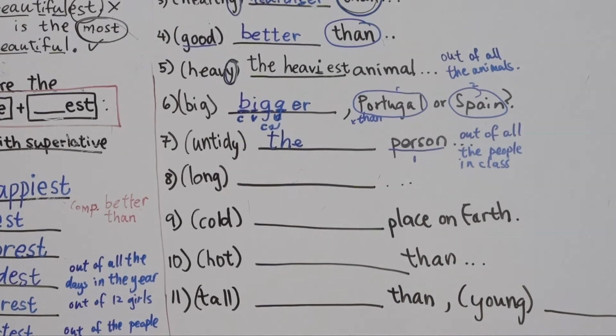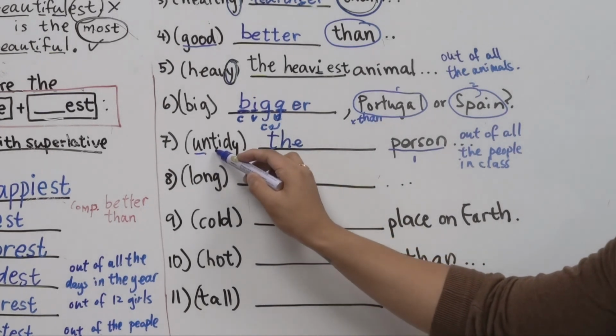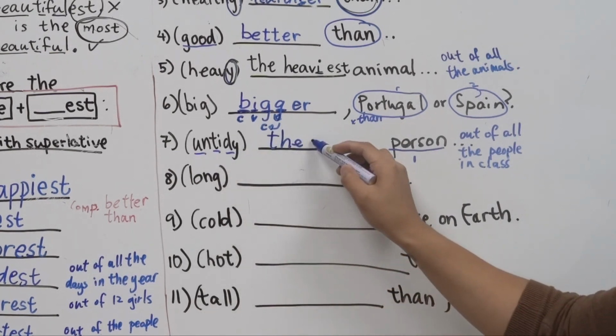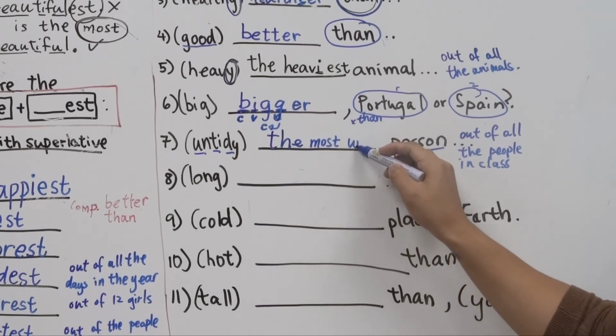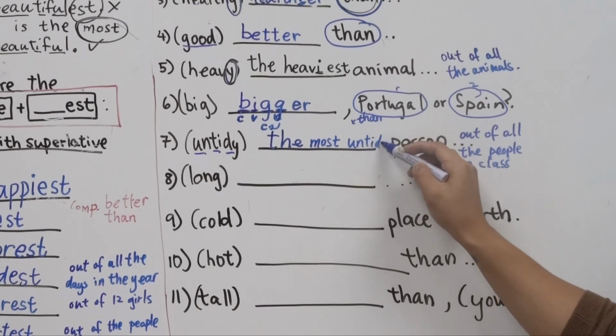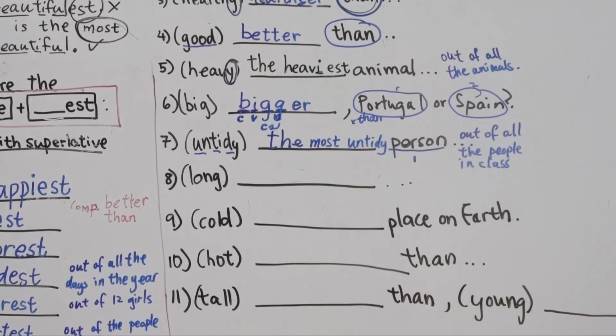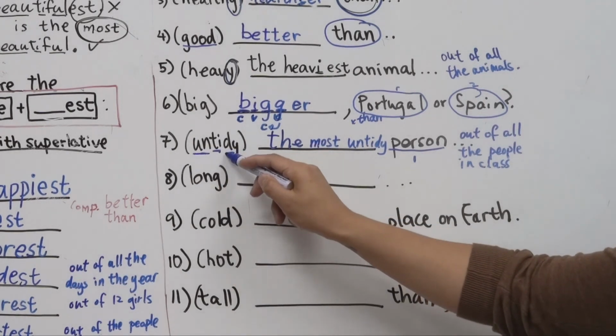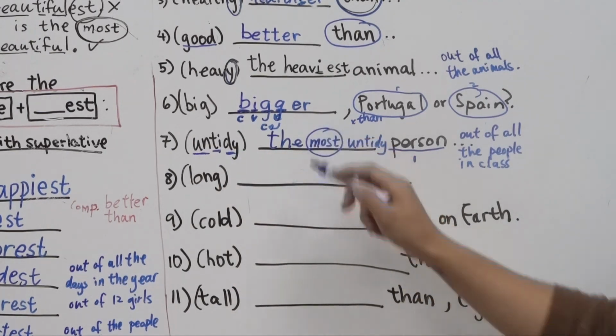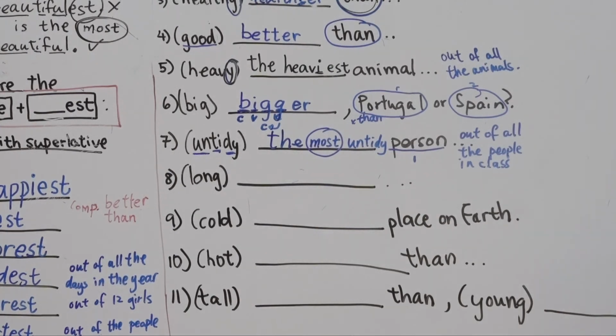Right, so following the 3 sound rule, untidy, we can say the most untidy, right? Not changing the adjective, untidy, all right? Untidy, 3 syllable rule. We put the word most in between, okay? So the most untidy.